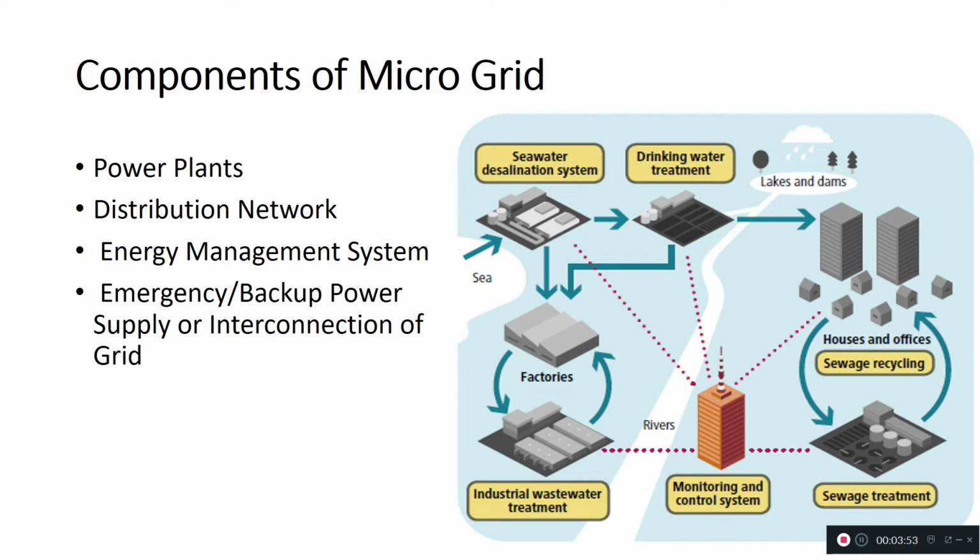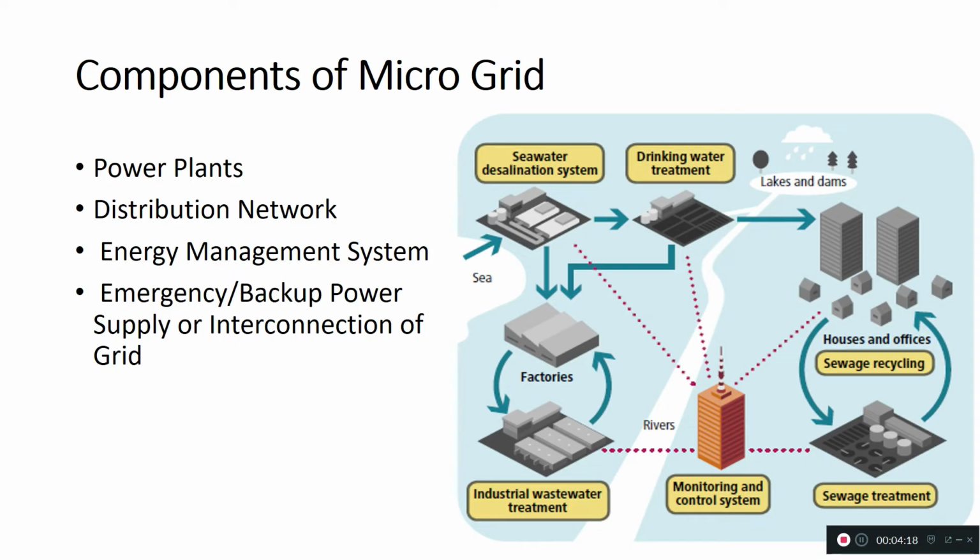Suppose there is some natural disaster or any kind of problem, or during rainy season there is not enough sunlight, so not enough electrical energy is generated and the battery is not charged properly. So these also need to be taken care of. The second component is the distribution network. That is basically needed.